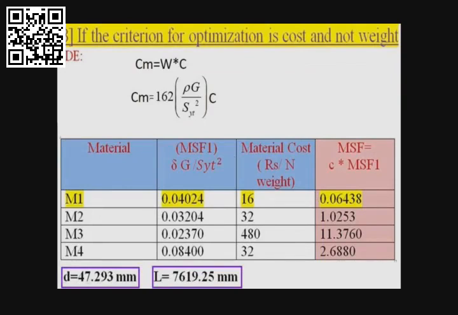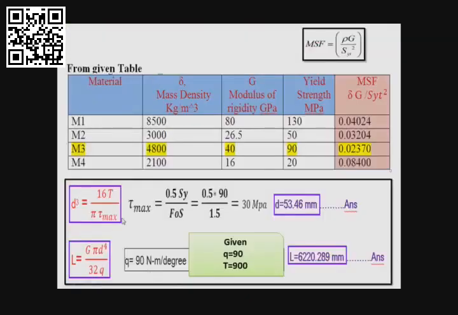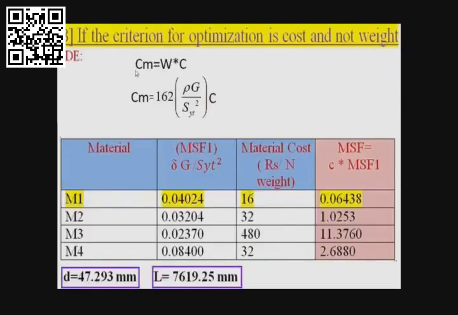Suppose you want to reduce the cost for the same problem. In this problem, we have found these dimensions for minimizing the weight. If you want to minimize the cost, the cost equation is the total weight of the material into the cost per unit weight.